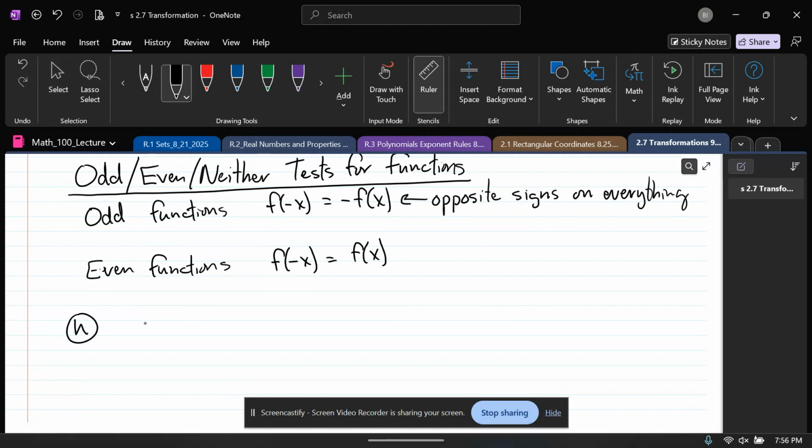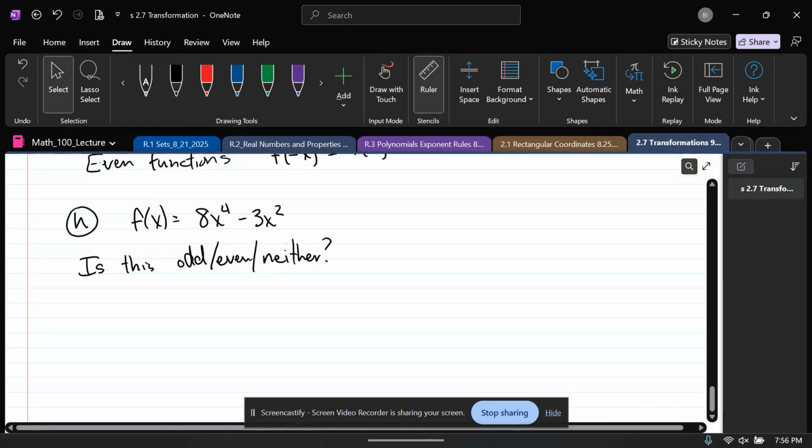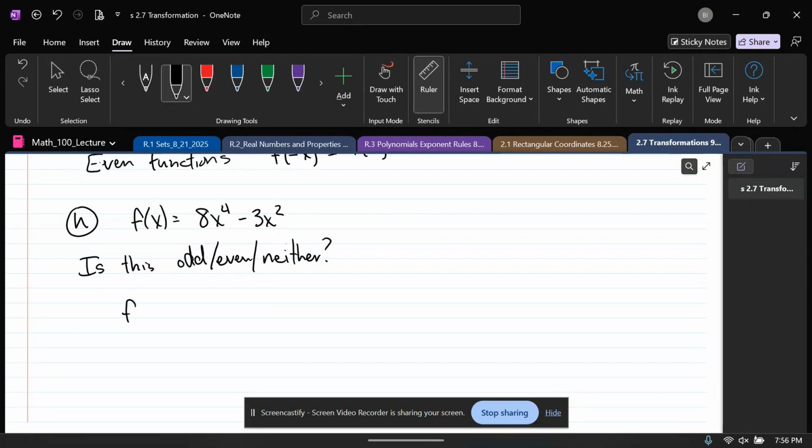So here's example H. F of x, 8x to the fourth minus 3x squared. Is this odd, even, or neither? How do you know? I'm going to plug in a negative x.